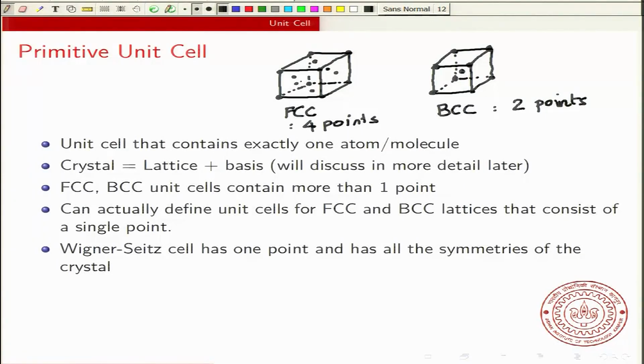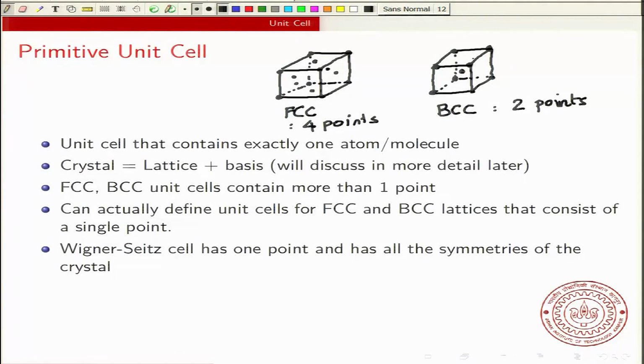So, you have 6 into half, that is 3. So, you have 3 plus 1, 4 points. And in the BCC case you have one from the corner and one from the body center, so you have 2 points. So, if you choose this as the unit cell for FCC, then you will have 4 points. Similarly, if you choose this cube as the unit cell for BCC, you will have 2 points.